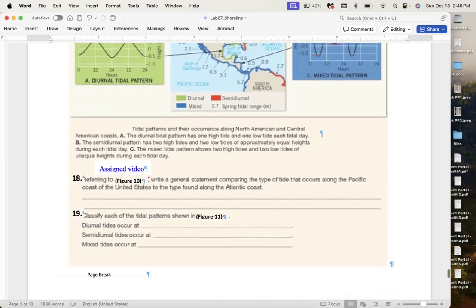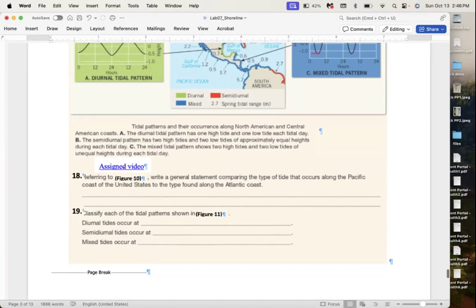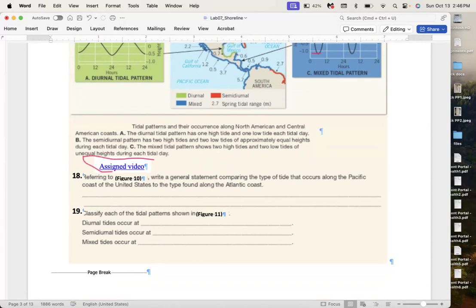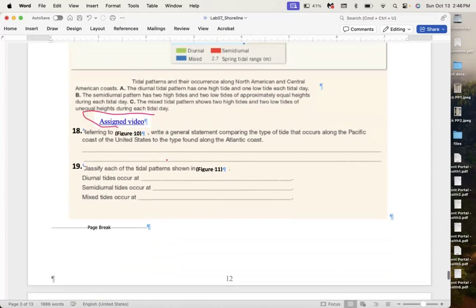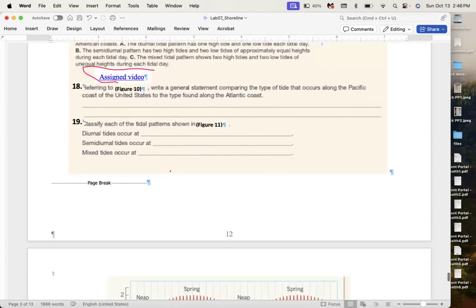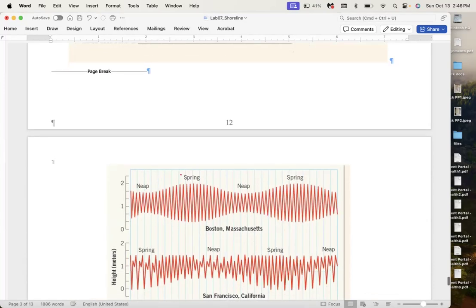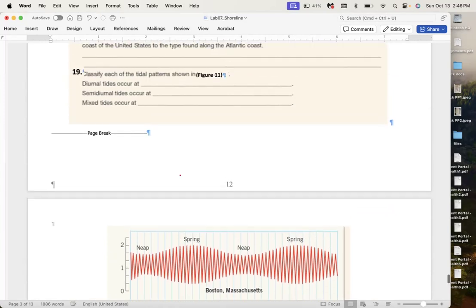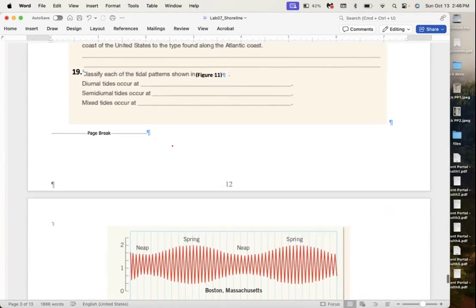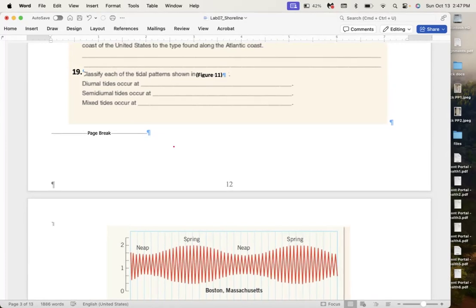There's also a video that goes with this. It's assigned. I would very much like for you to look at this and get the information out of it so you can properly answer these questions. Question 19 refers to the following figure 11, and it asks you to classify each of the tidal patterns shown in the diurnal, semi-diurnal, and mixed tides and where they occur.